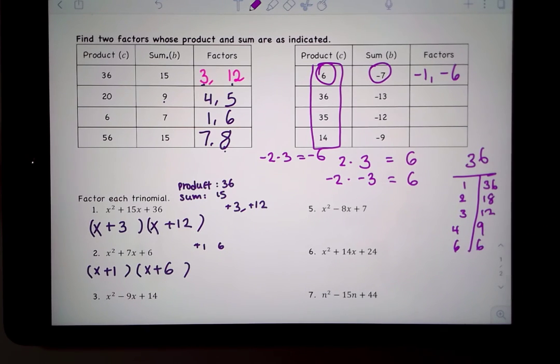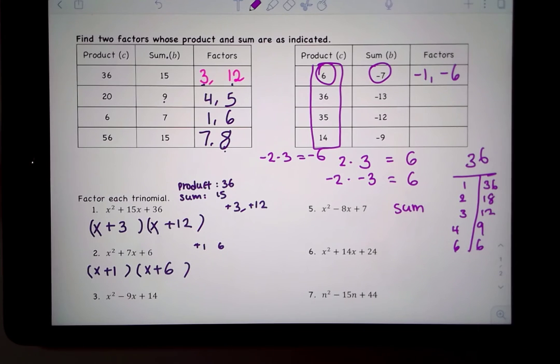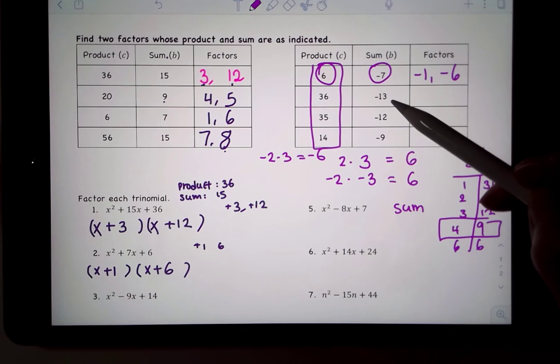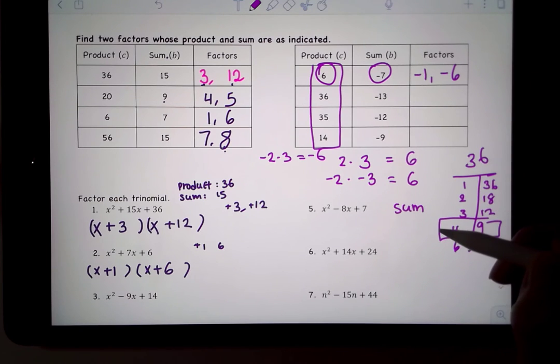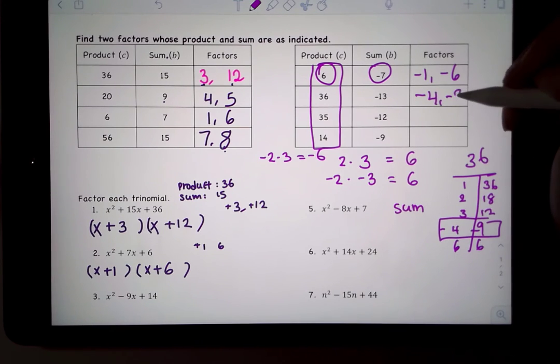So these are my numbers. And think about it, guys, your sum is 13. Then which one makes 13? 4 and 9, right? And because we want to make it -13, you just have negative numbers. So -4, -9, like that.